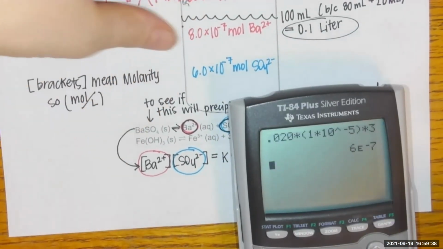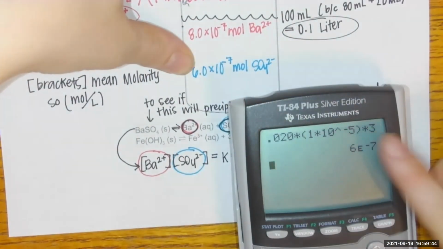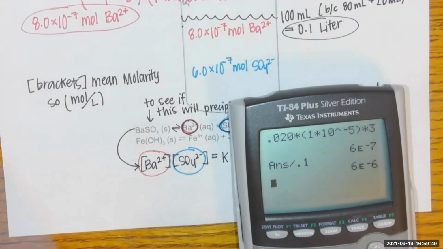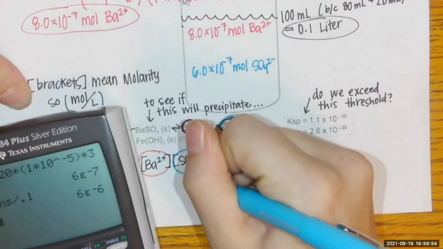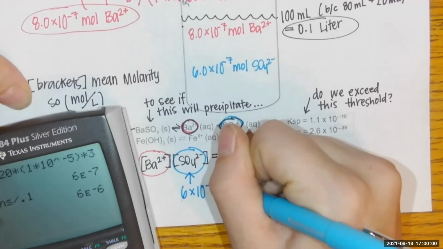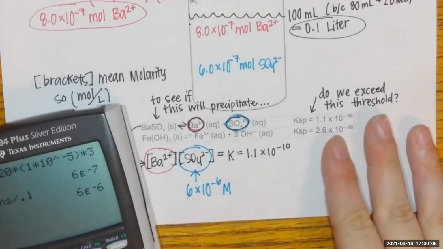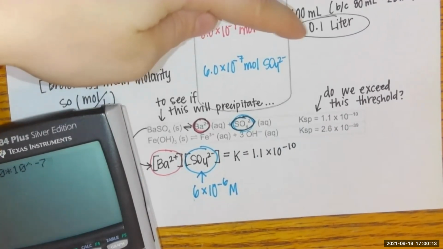So since I already have this one pulled up on my calculator, 6 times 10 to the negative 7th moles divided by liter is 6 times 10 to the negative 6. That's the concentration. The other one, 8.0 times 10 to the negative 7th. That's how many moles in my 1/10 of a liter.